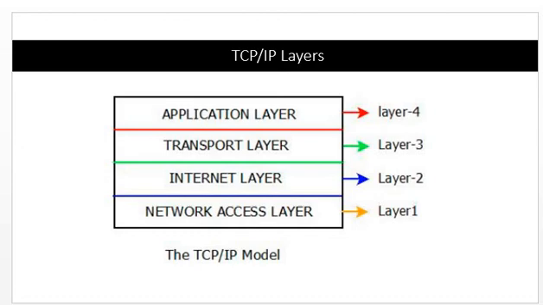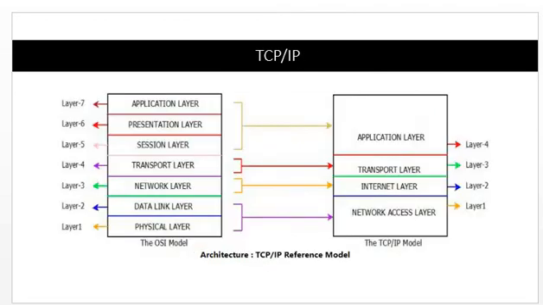So as a way of comparison of the TCP/IP and the OSI reference model, we can place them side by side and see how they differ. One thing that you can notice is that the TCP/IP model combines 2 layers of the OSI reference model, which are the physical and data link layer, into one.